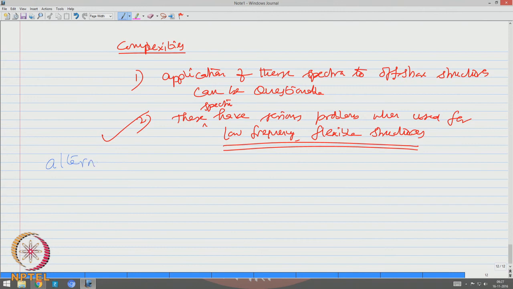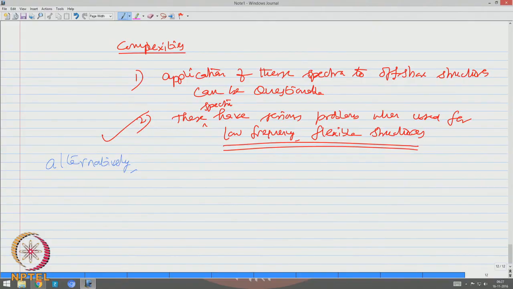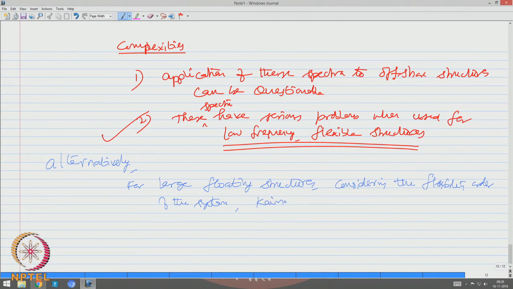Alternatively, other researchers have given alternate spectra for computing wind forces on offshore structures. For large floating structures, considering the flexibility order of the structural system, the Ochi-Shin spectrum was proposed.